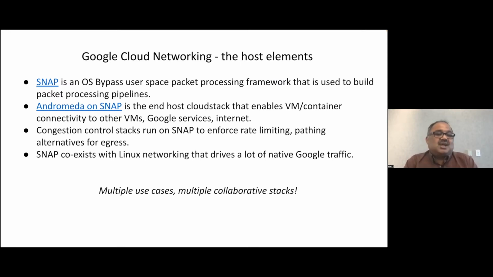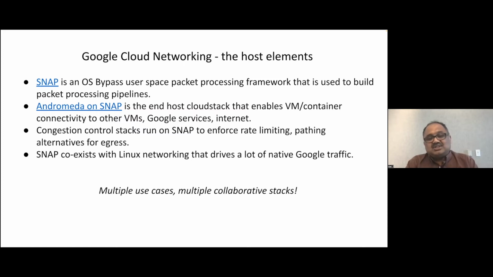Andromeda is our cloud networking pipeline. So it's built on top of Snap, and it's the end host cloud stack that enables VM to VM communication, enables VM to communicate with Google services and the rest of internet. Andromeda performs the necessary encapsulation on a packet that leaves the VM so that the packet can find its way to other VMs and egress from the Google network.